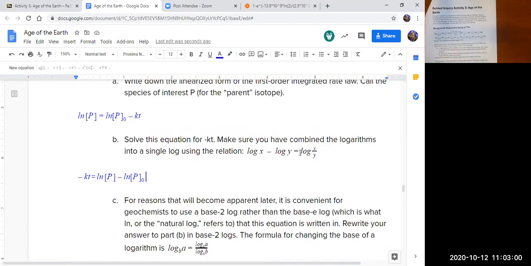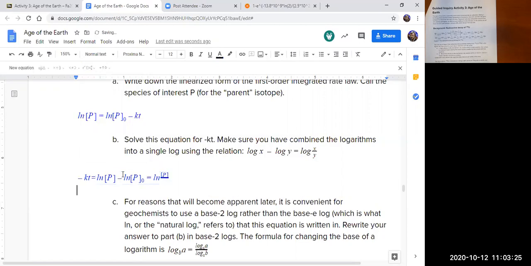Oh, no, we're not done because we need to combine the two logarithms using this relationship here. So equals the natural log, oops, I'm no longer in the equation. Do an arrow and I'm now in the equation. So this now equals the natural log of a fraction. Come up here and we put in a fraction.